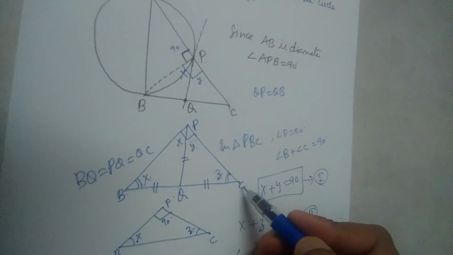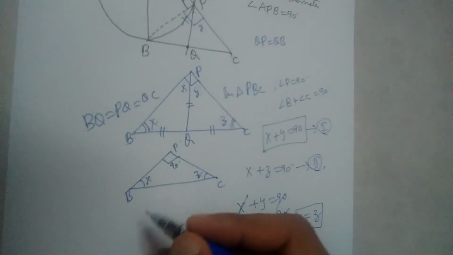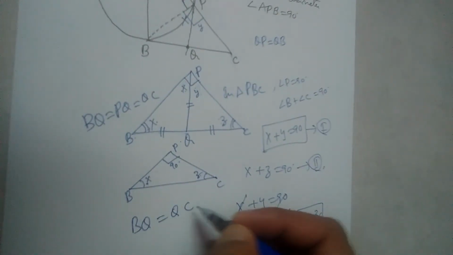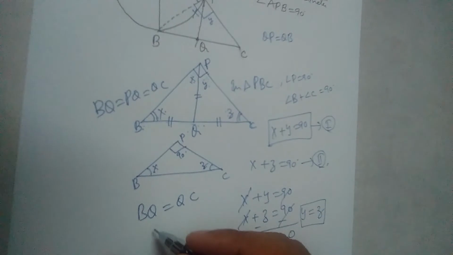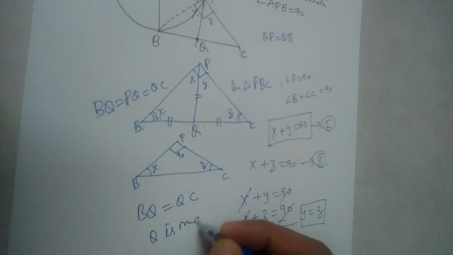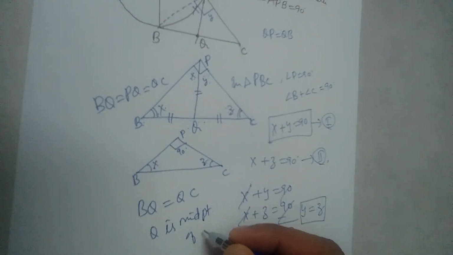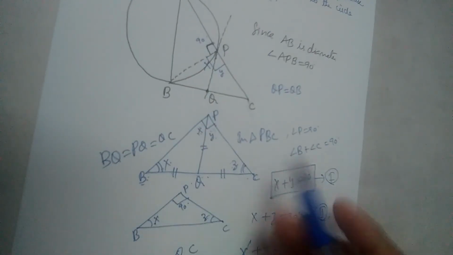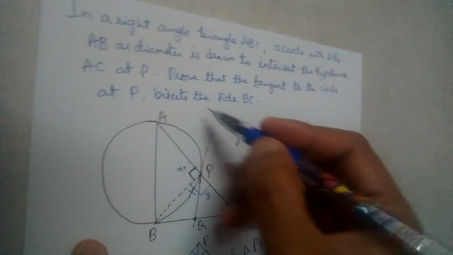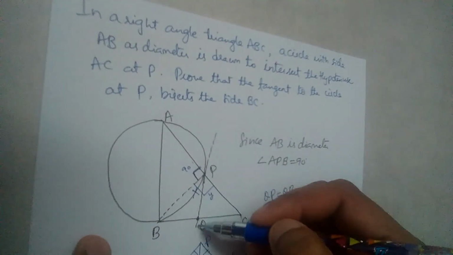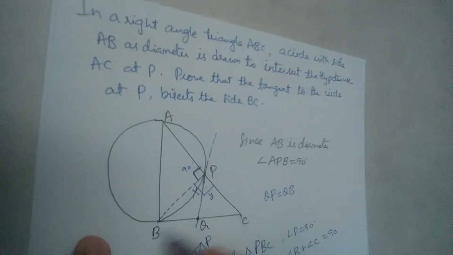Three sides are equal. So BQ is equal to QC, which means Q is midpoint of BC, right? Q is midpoint of BC, which means this tangent is bisecting the side BC, right?